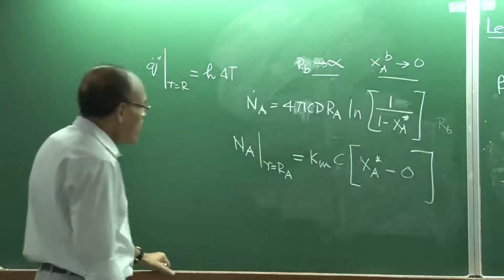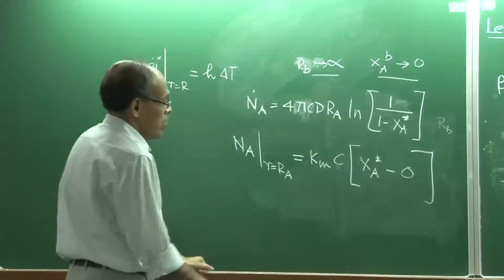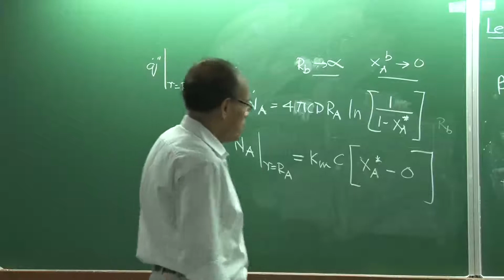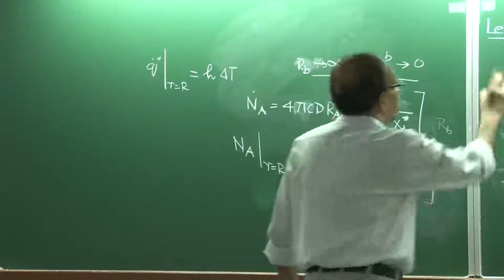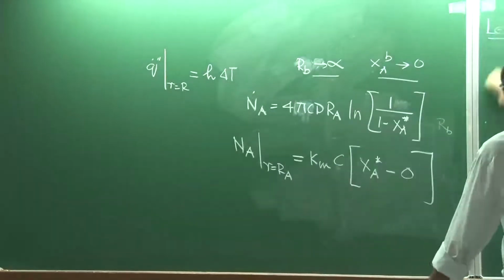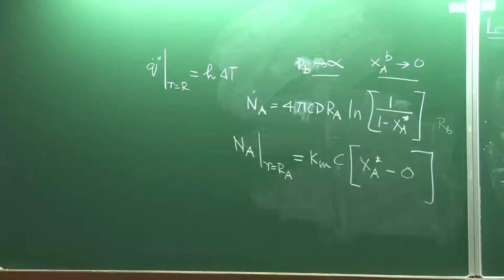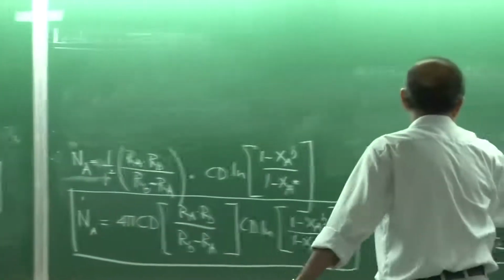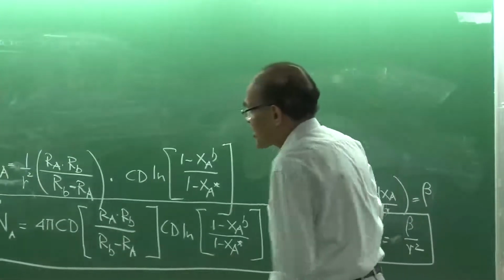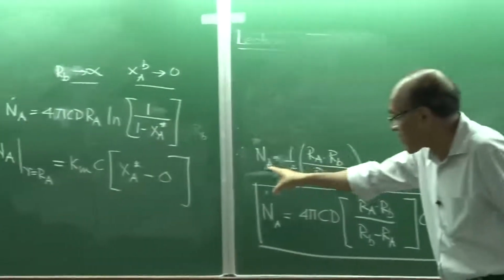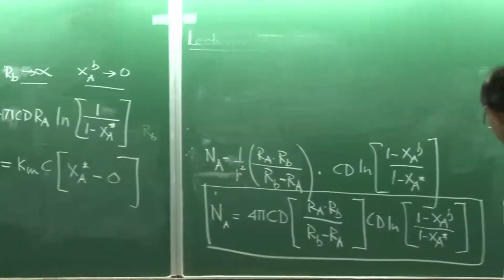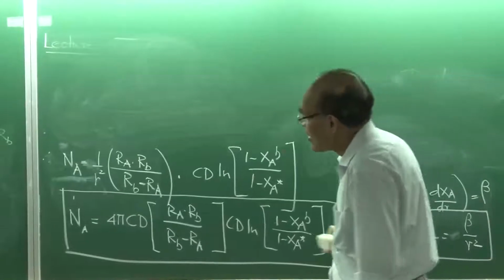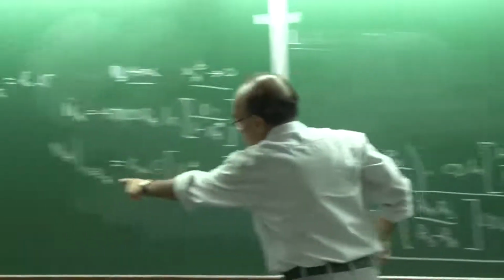Now, if we equate this term, so let us see. So, that is the flux we have, and this is the expression of the flux that I have derived, and I now need the value of the flux at the surface, because that is what I need.